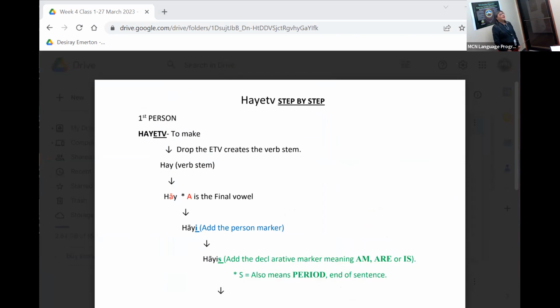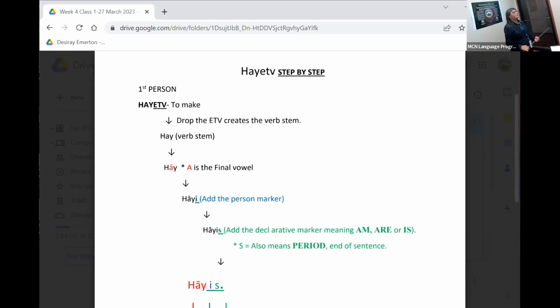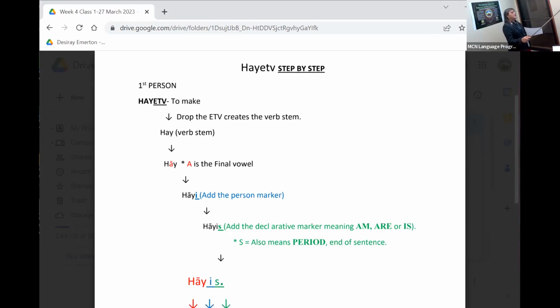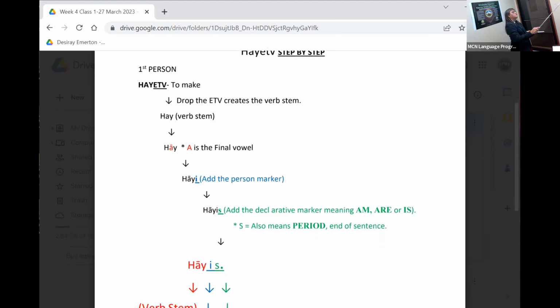This is Hayida. And this is what we went over on Monday. And I'm, like I said, just refreshing. And you see, if you guys have your printout on your steps, I tried to make it as simple as possible. On Hayida, to make Hayida the verb stem, you drop the ETV, which is in your notes. So you're left with HAY.